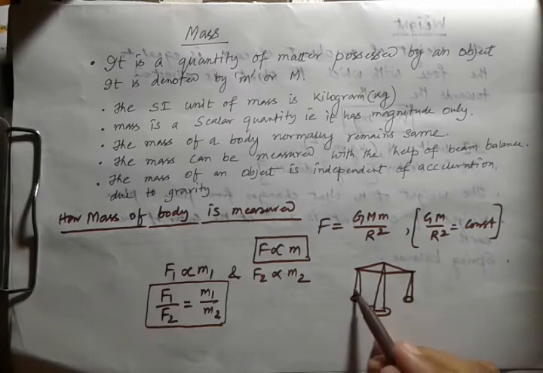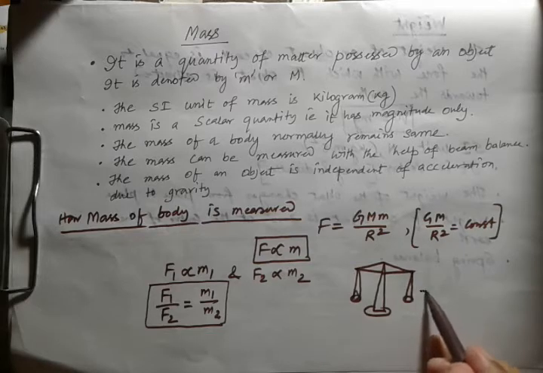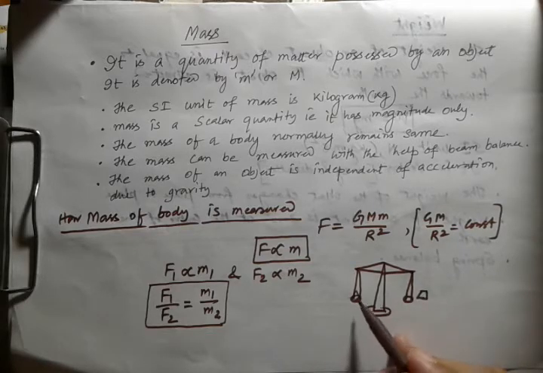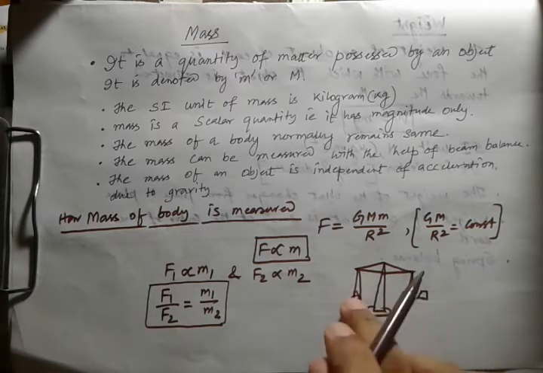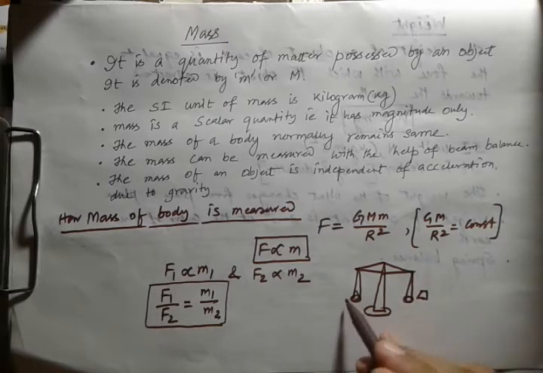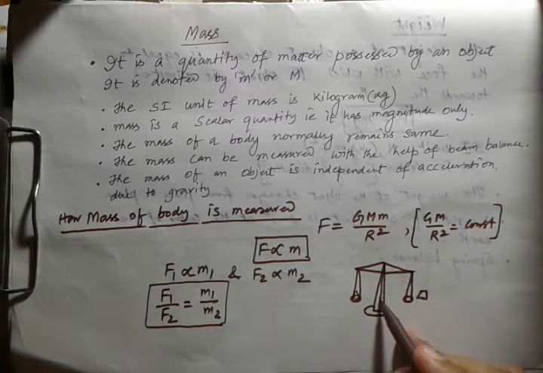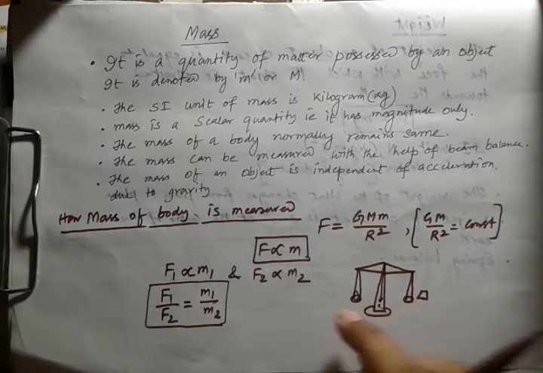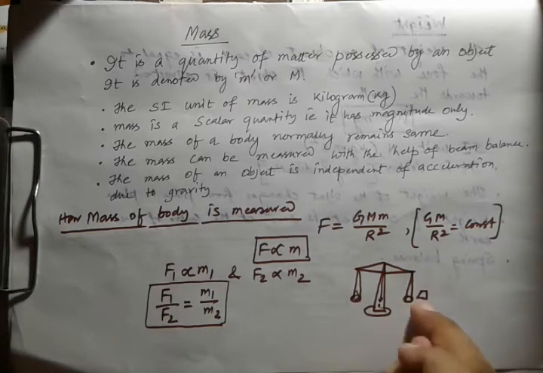Suppose I want to buy 5 kg of an object, I place a 5 kg standard mass over here, then put the object on the other side. When both balance, the pointer shows 0, and then we stop measuring. So we find the mass of the object by equating it with the standard mass. That is the procedure to measure the mass of an object.